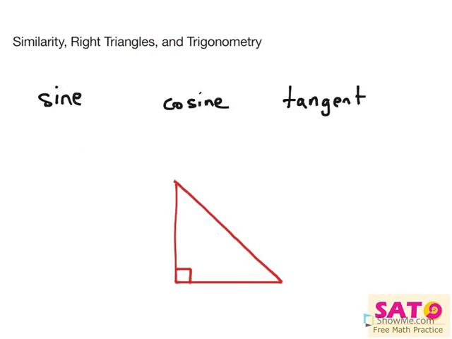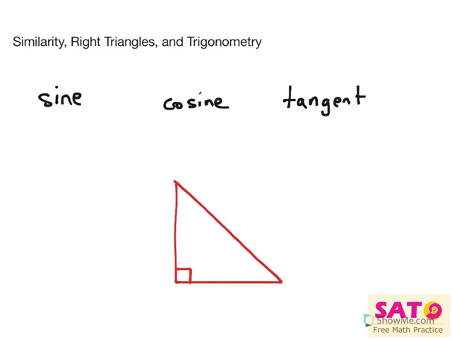Now with right triangles, we can talk about similarity, and we can also talk about three main trigonometric functions here: sine, cosine, and tangent. What each of them represents are different ratios of the triangle.